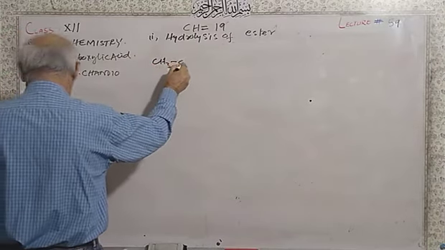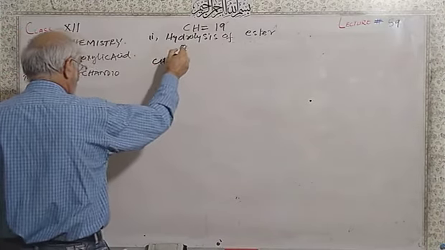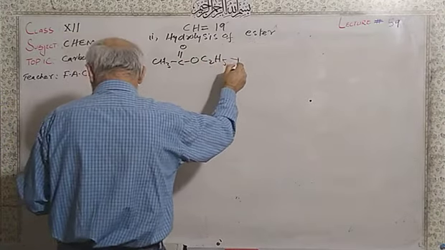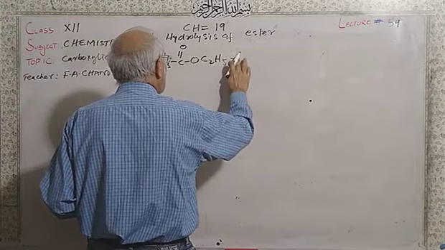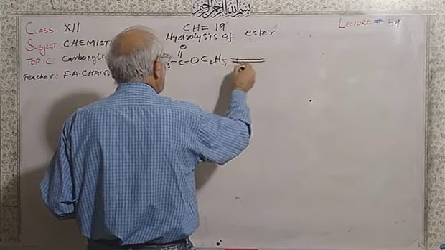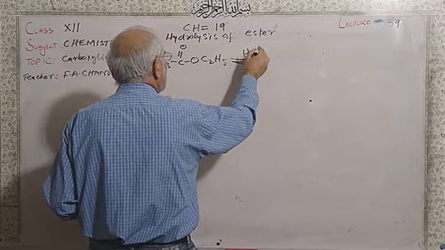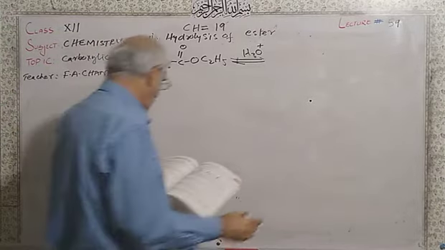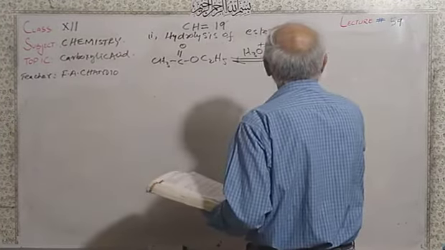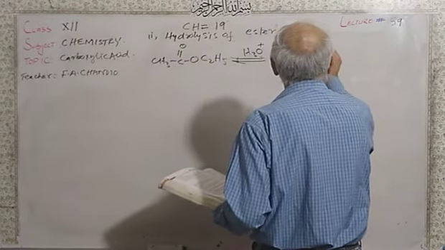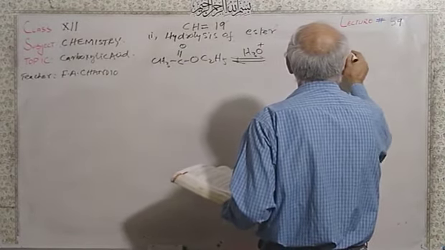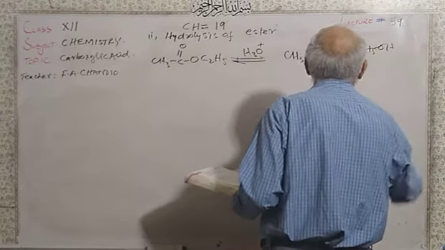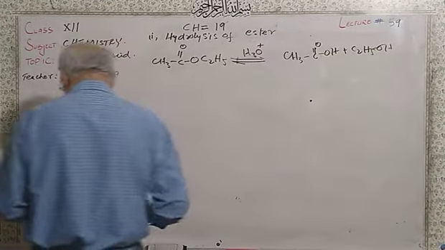This is the ester, ethyl acetate, and there is an acidic condition. This is the acidic condition, hydronium ion, and you will get carboxylic acid and alcohol, ethanol. This is one chemical reaction.